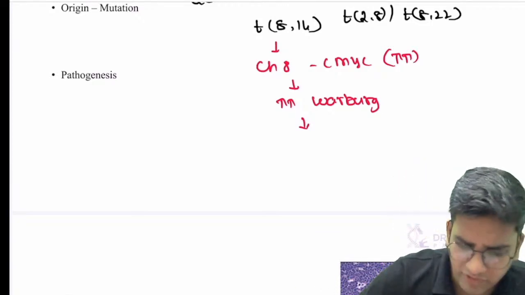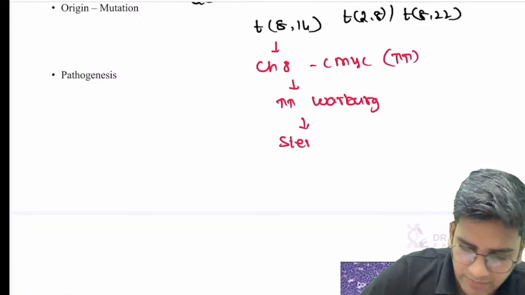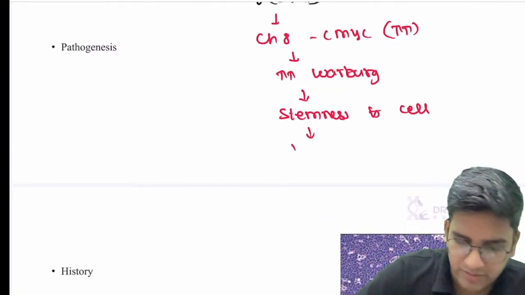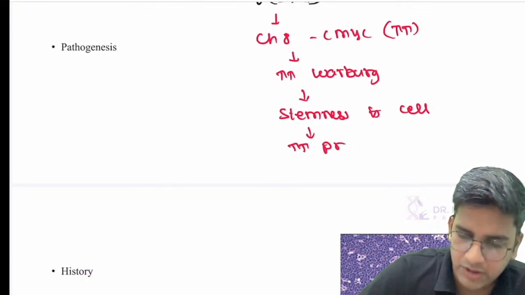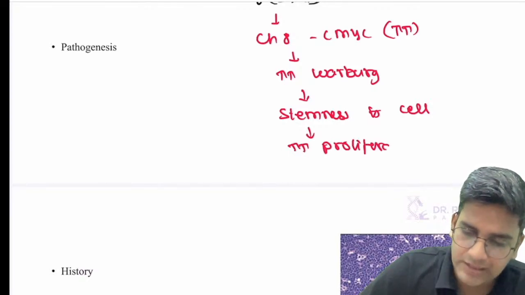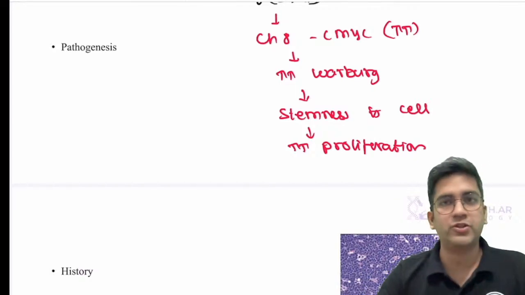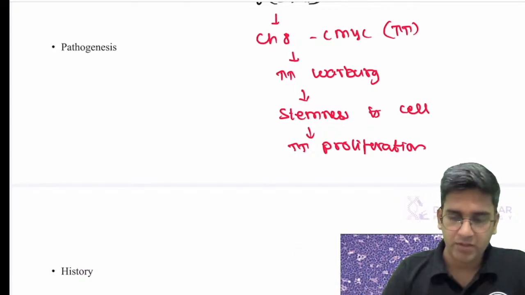So whenever there is more Warburg effect, it gives stemness to a lymphocyte. So when it gives stemness to a lymphocyte, it behaves like a stem cell. There will be uncontrolled proliferation, which by default results in a tumor, results in a lymphoma. That's the simplest pathogenesis of your Burkitt's lymphoma.